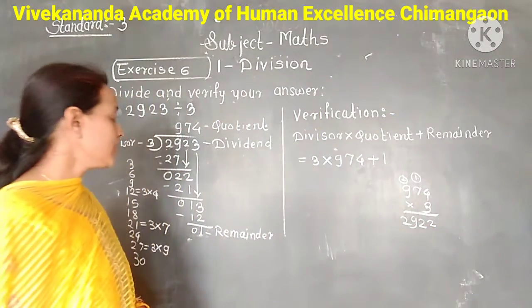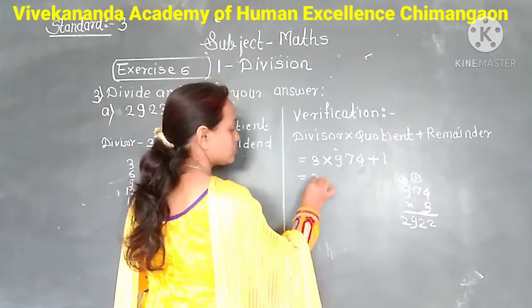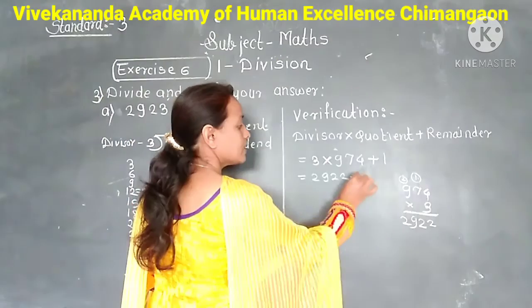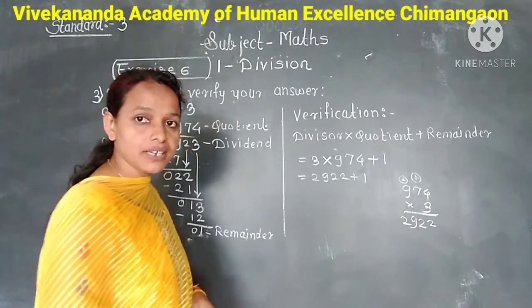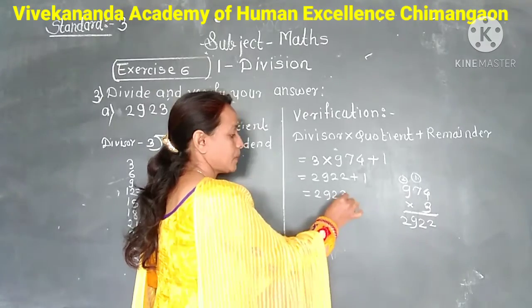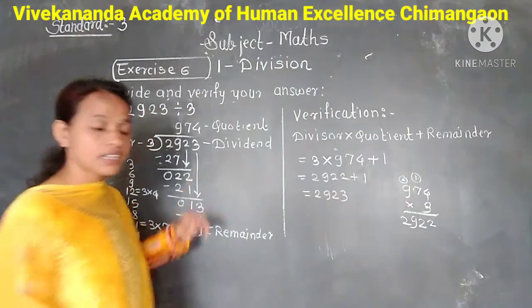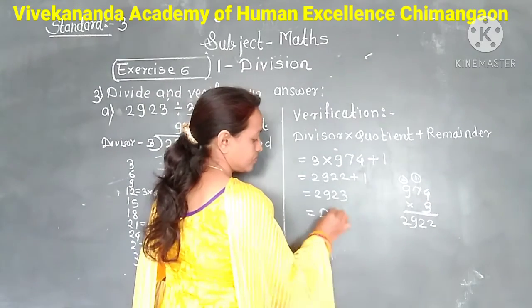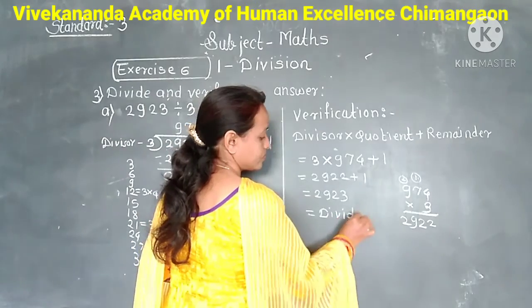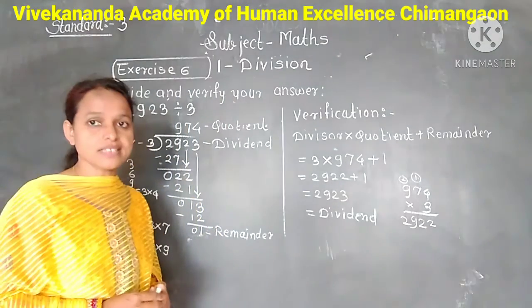So here we get 2922 as the product. Now we add 1, we get 2923. And see student, 2923 is our dividend. So here student, we verify our answer.